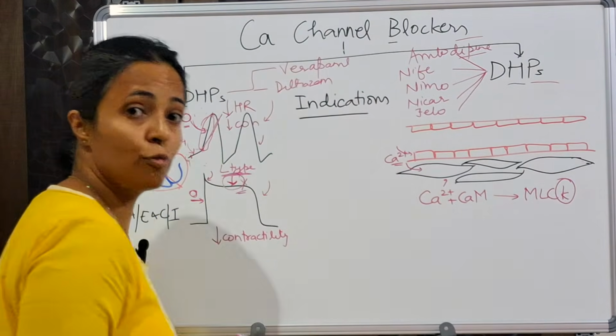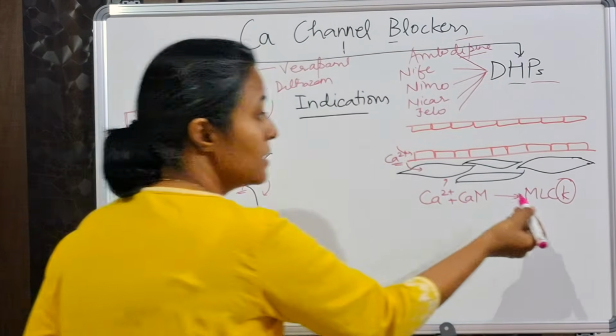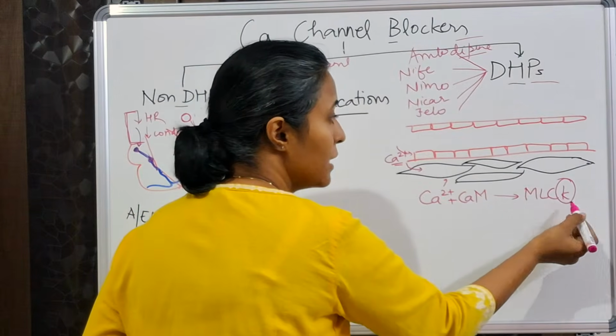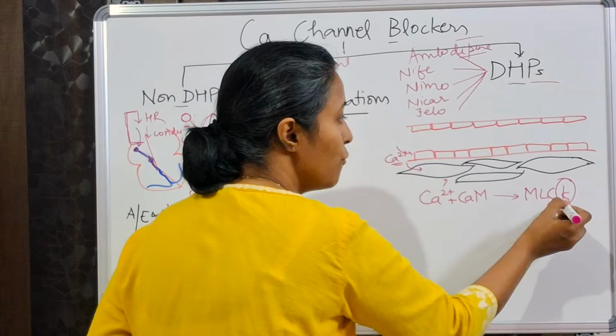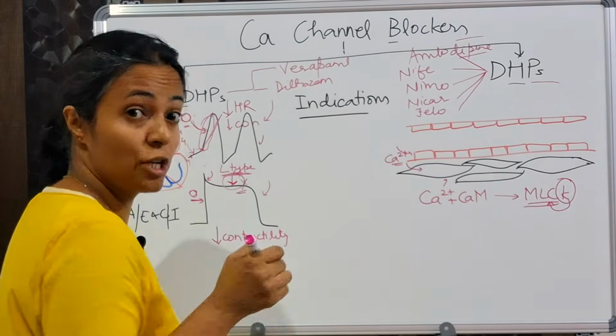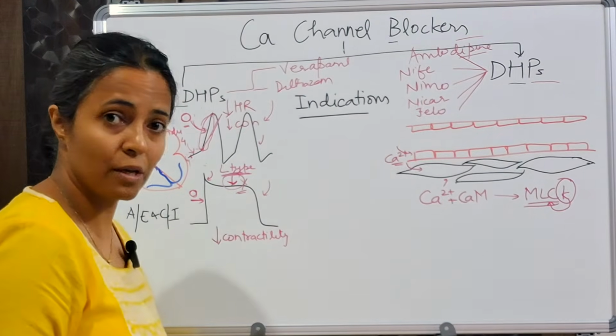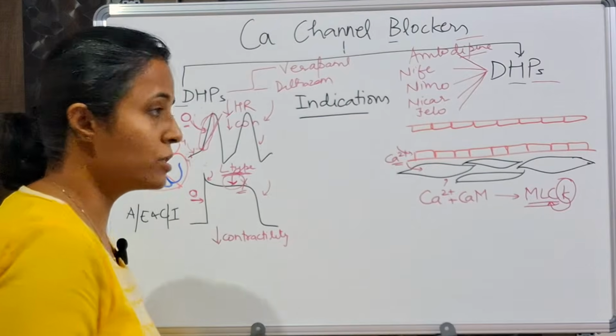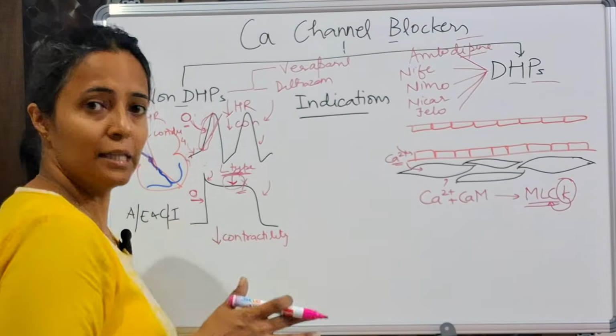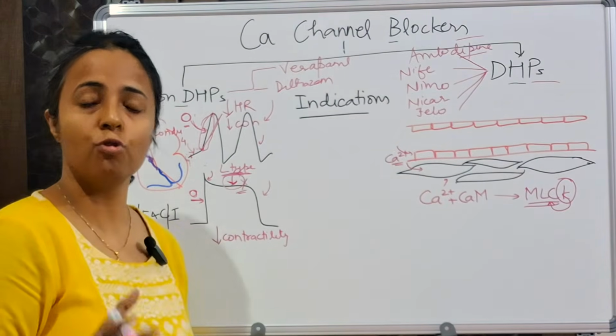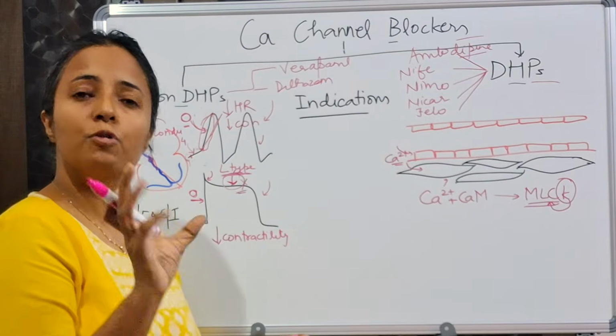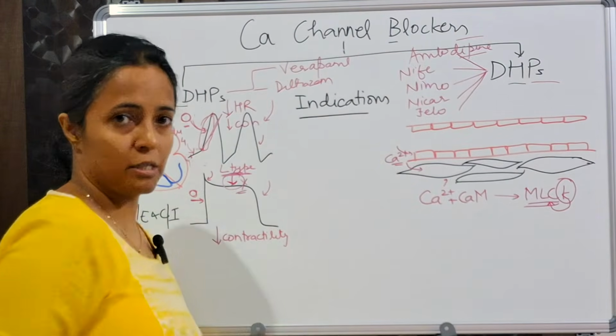Kinase means it is going to phosphorylate a protein. So this kinase is going to phosphorylate the myosin light chain which is present in the myosin. Okay, so this activates the myosin and there is actin-myosin interaction which is important for contraction. So the smooth muscle is going to contract because of this.